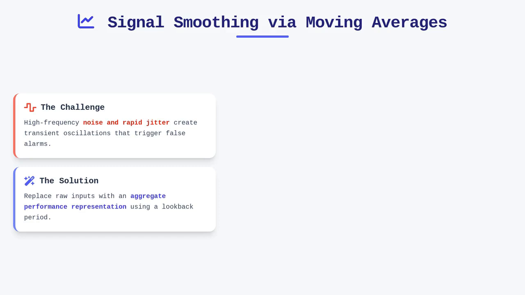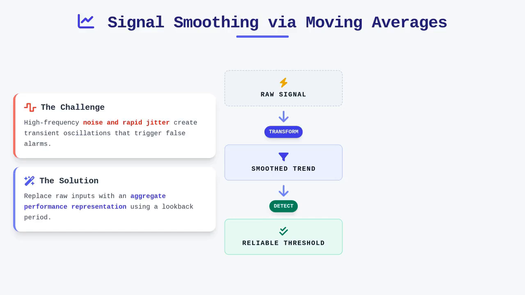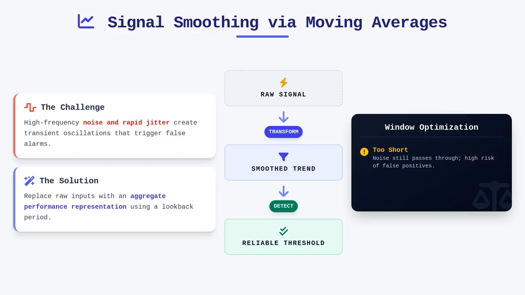This approach is mathematically sound because it replaces the raw, noisy input with a more stable representation that reflects the aggregate performance of the service. Once the signal is smoothed using this transformation, applying a standard threshold to the resulting series becomes significantly more reliable. It is important to balance the size of the window. A window that is too short may still allow noise to pass, while one that is too long might delay the detection of a critical failure.